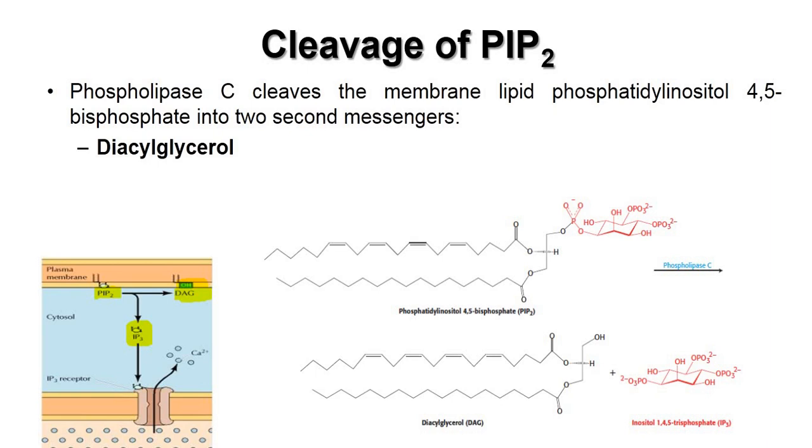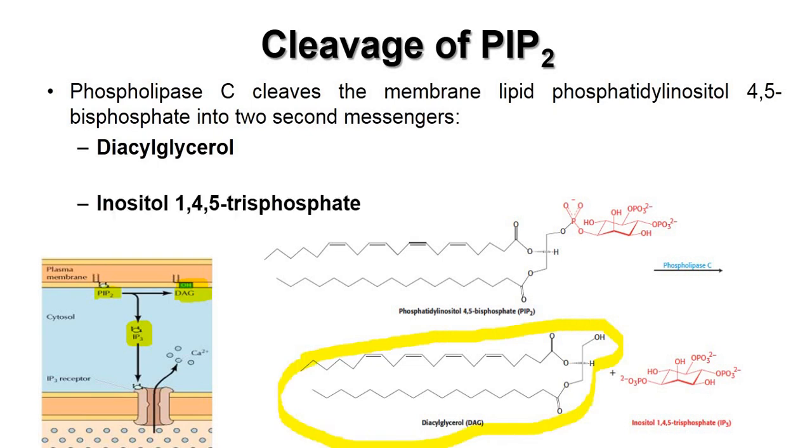The first one is diacylglycerol, and the next one is inositol 1,4,5 triphosphate.